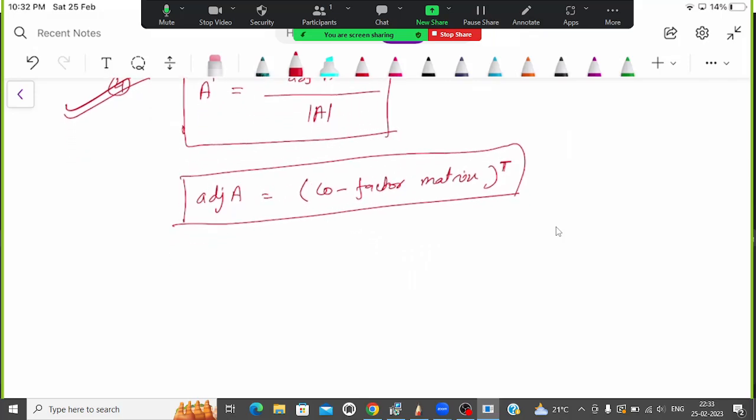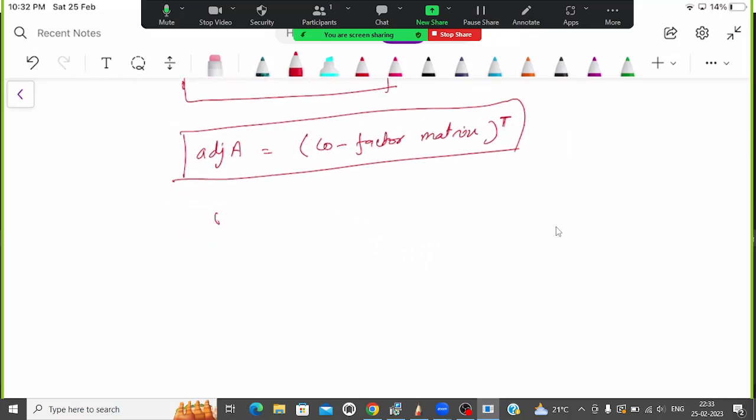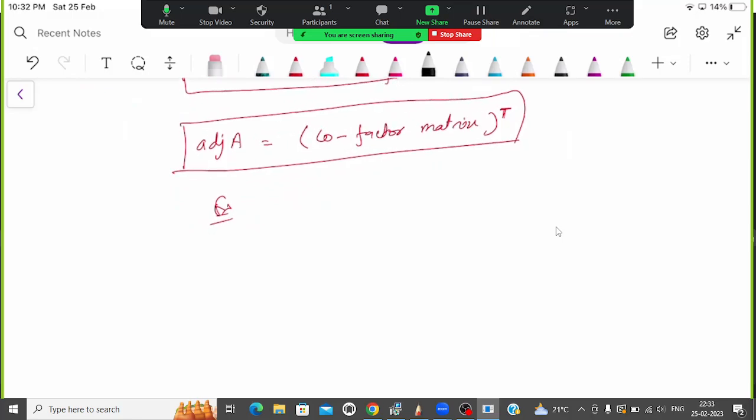Okay. Suppose one example, see here. This matrix A, you want to calculate the inverse of matrix A. The elements of matrix A are 1 2 4, 2 1 2, 1 minus 1 3.